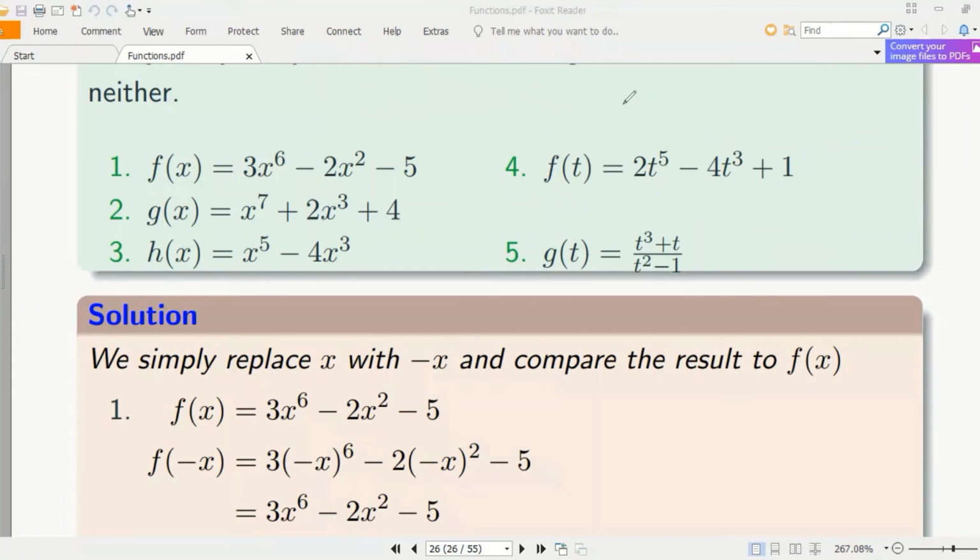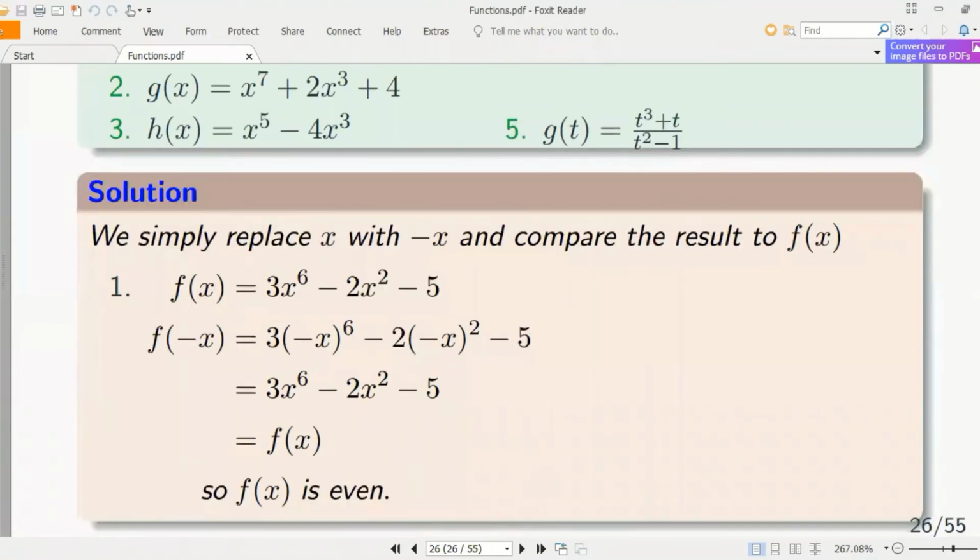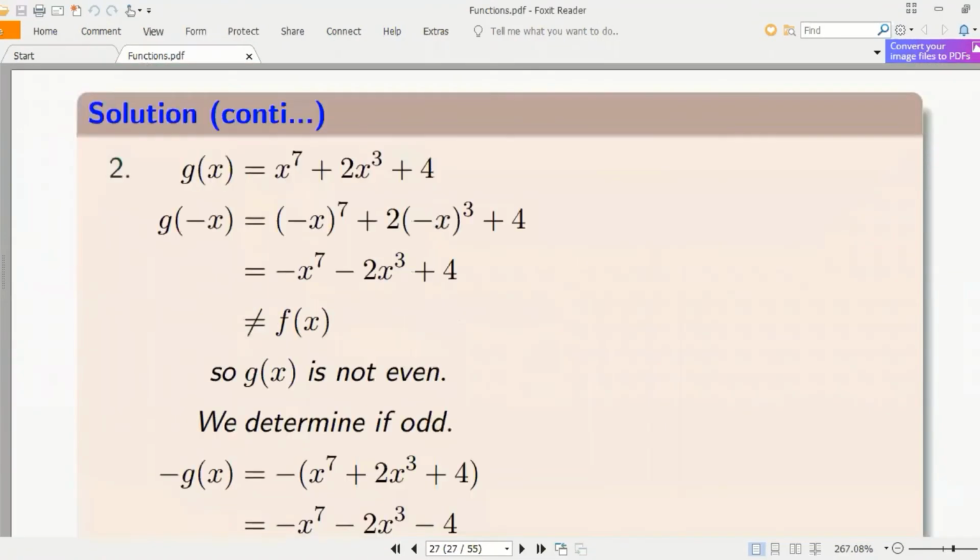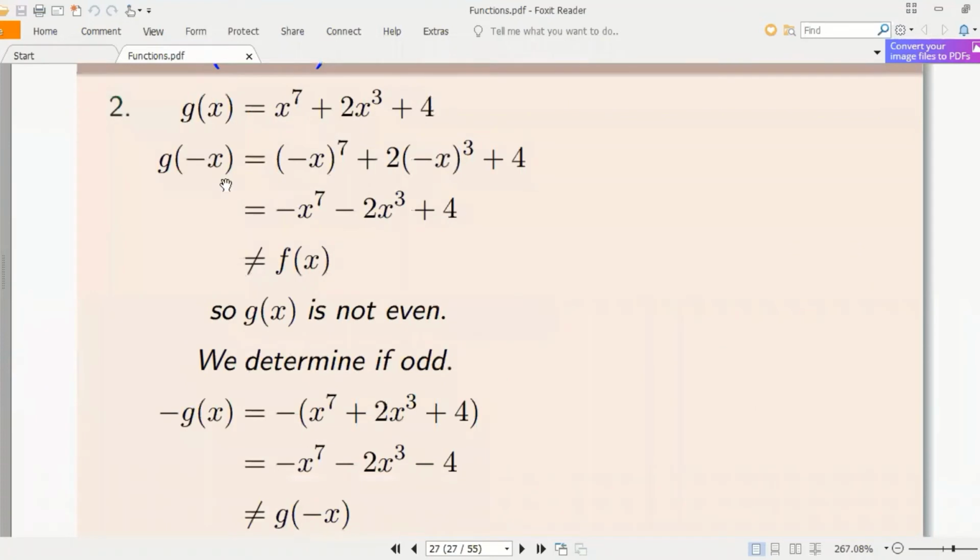Let me just look at my explanation for number 2, because it is the one I've been doing. I began with this, then I found g of negative x to be this. This one is just supposed to be g of x, not f of x. So g of x is not even. So we then determine if it's odd.